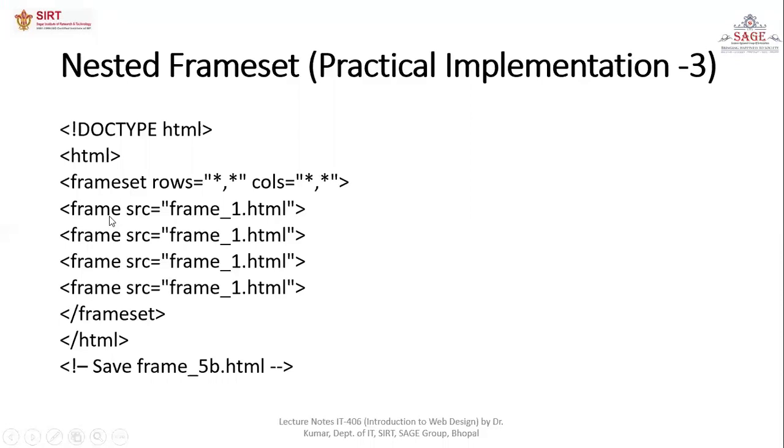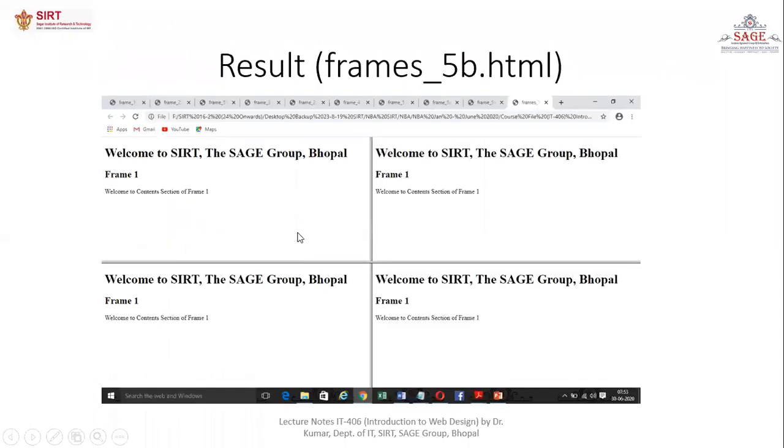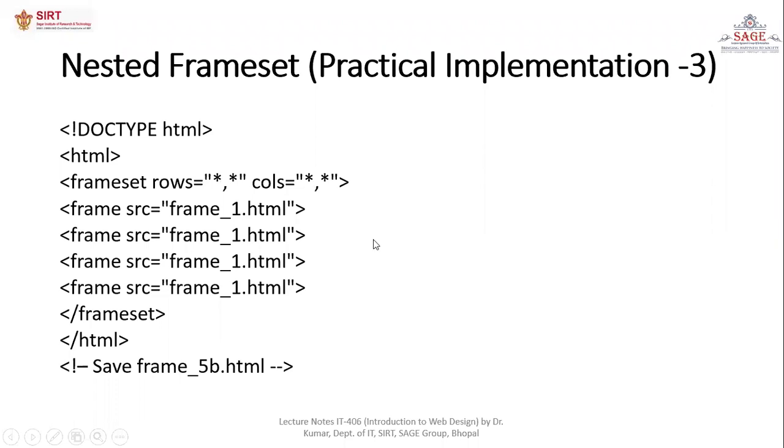So here inside the first row, frame src frame_one.html, the content will be displayed here, and this is the simple coding. So here the star comma star. Here I divide my web page into two rows and two columns.